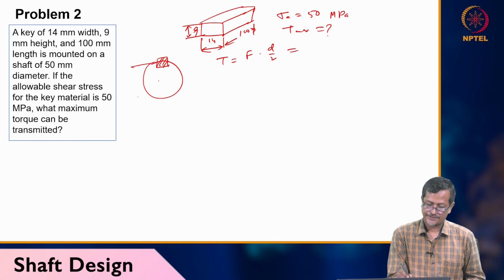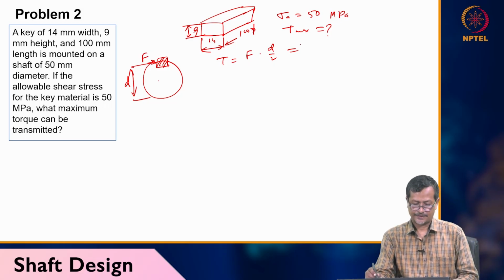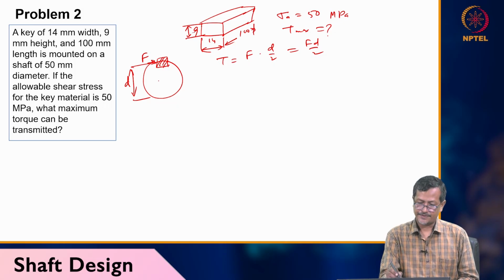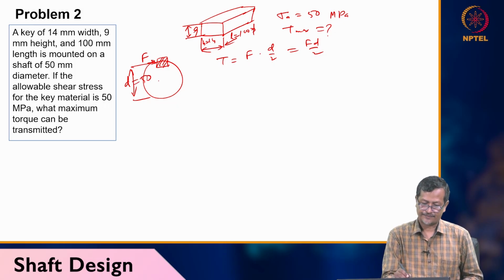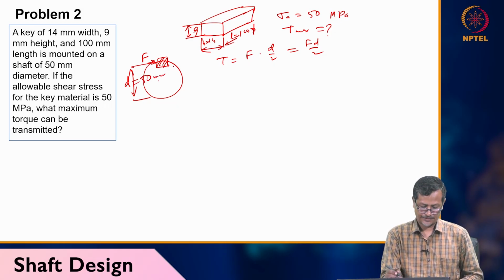D means shaft diameter, right? This is D, and this is the force it is applying. So F D by 2. B is 14, L is 100, and D is given as 50 millimeter, and tau is 50 MPa.